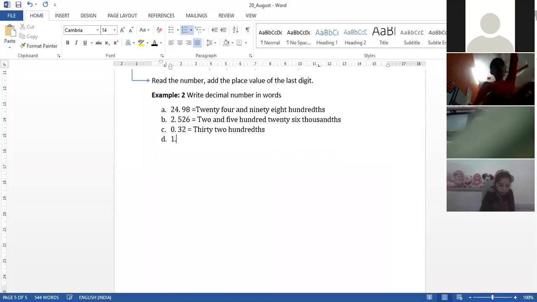Next, 1.9 is equal to 1 and 9 tenths, since 9 is present in the tenths place. Hold on, everyone.